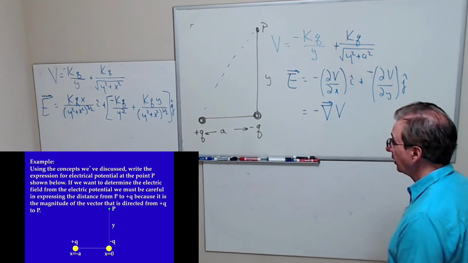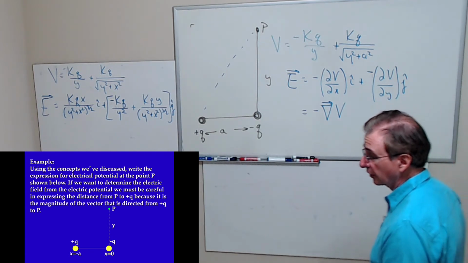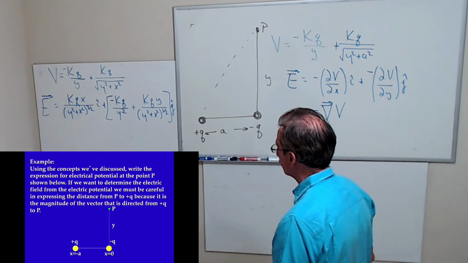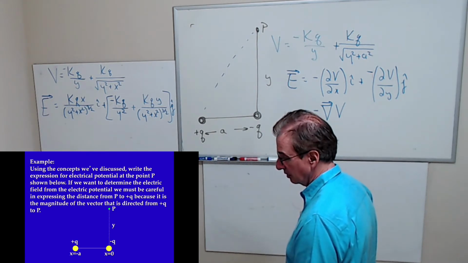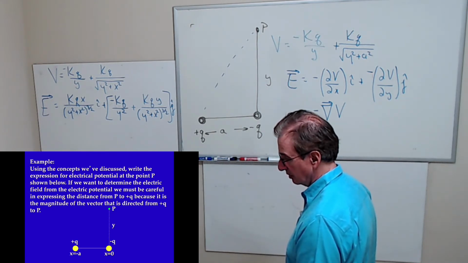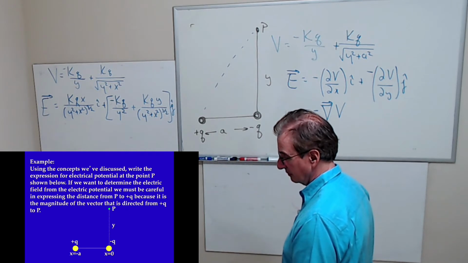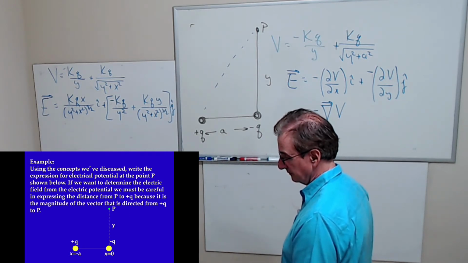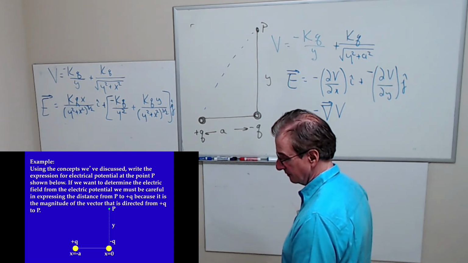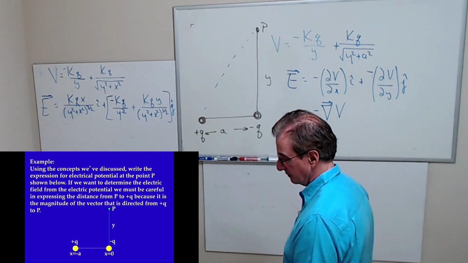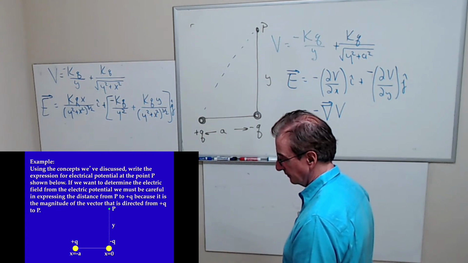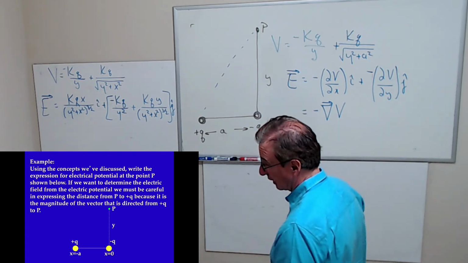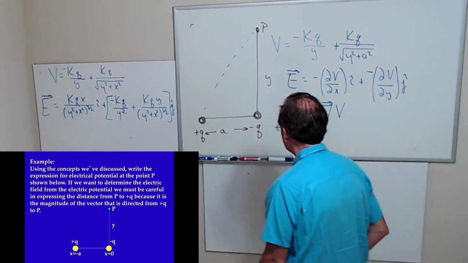So are we okay so far? No, I gotta do one more thing. I don't know if you noticed, I gotta do one more thing. Guess what I gotta do next? Anybody want to guess what I have to do next? I have to substitute the value for x, right?